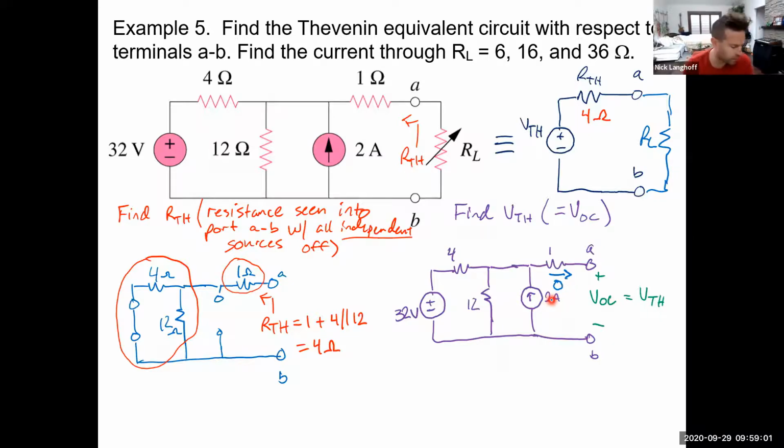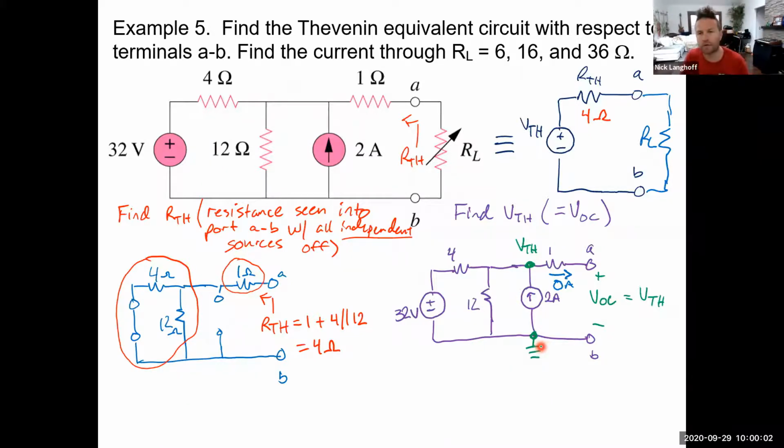And so there's 0 amps of current flowing through it, which means there's no voltage drop across it. You can say that there's 0 volts across that resistor. So this node right here is pulled up to the same voltage as the open circuit voltage at the port AB. So that node is V Thevenin. Let's go ahead and draw ground on here since we're talking about node voltages now.